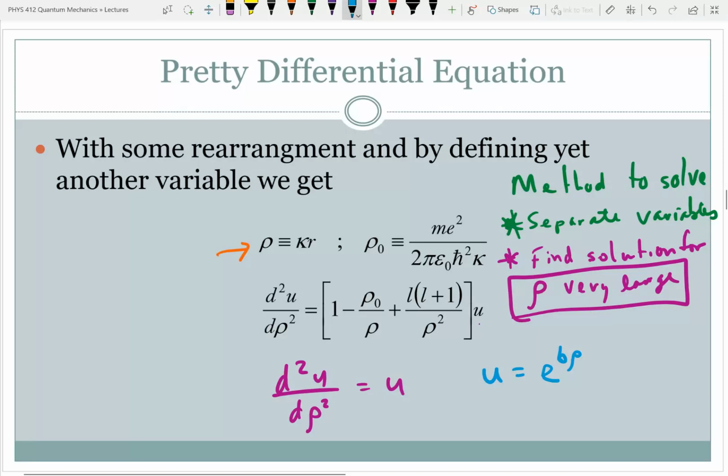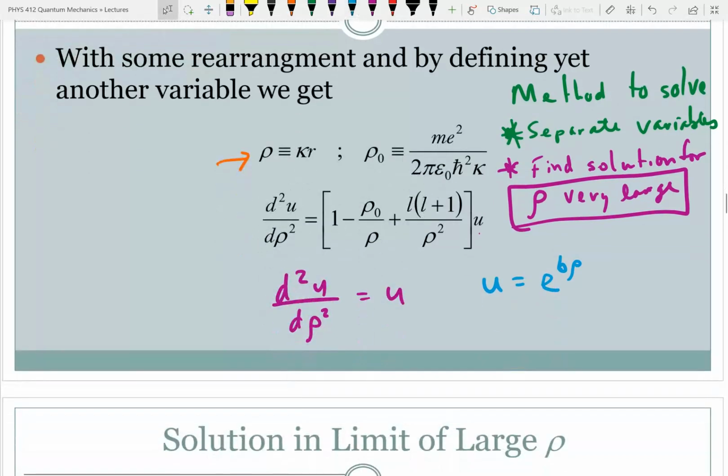And then we take the second derivative, put it in, and we're going to have, so what is b going to have to be?